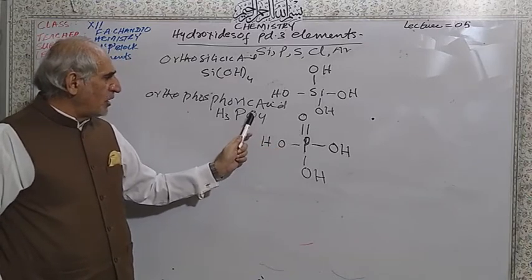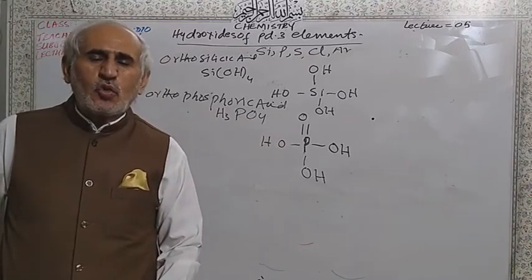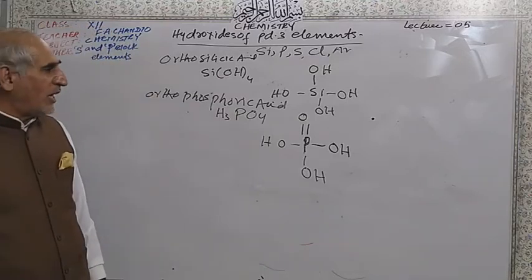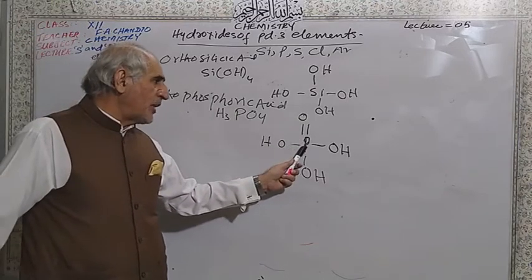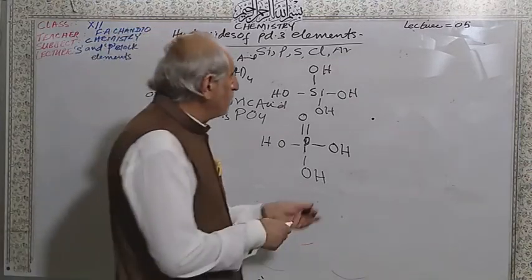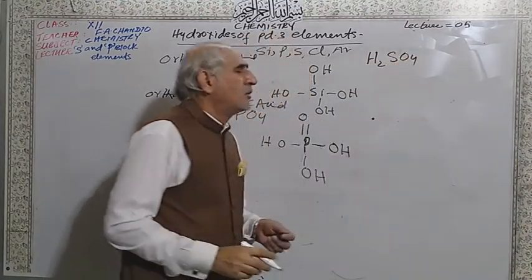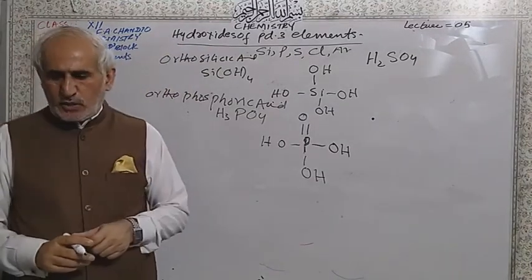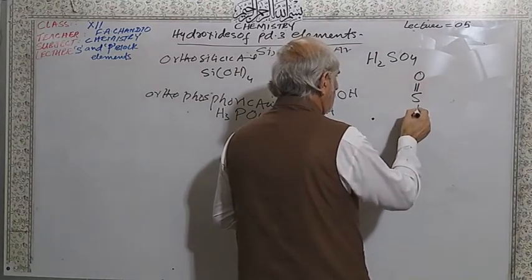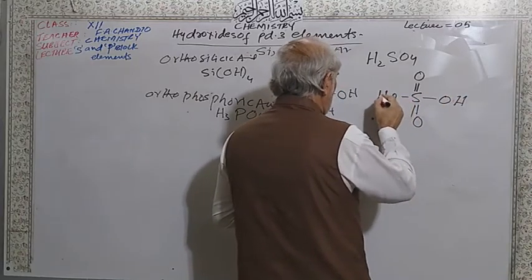Phosphorus is surrounded with 3 hydroxyl groups, and there is one more oxygen here, like this: phosphorus with a double covalent bond to oxygen, and oxygen and hydrogen with single covalent bonds.